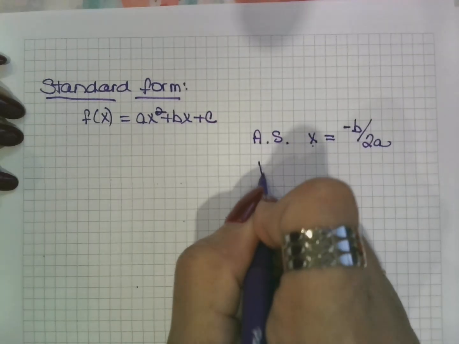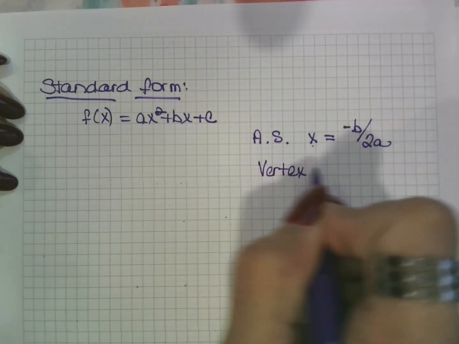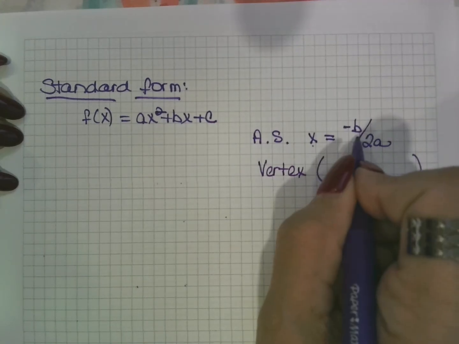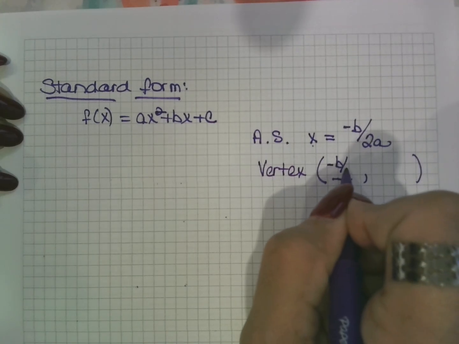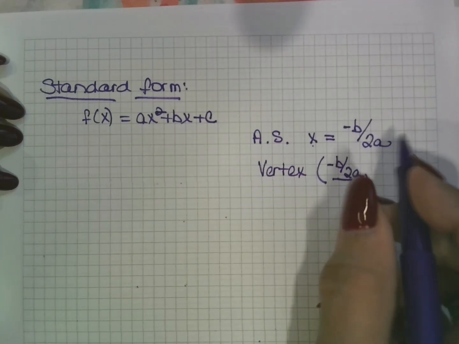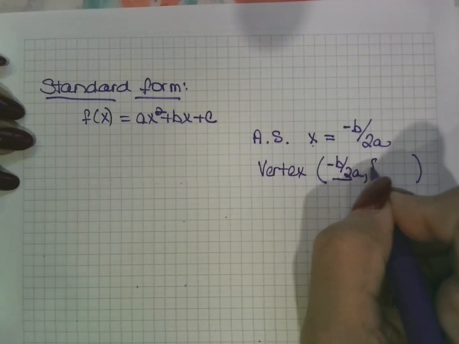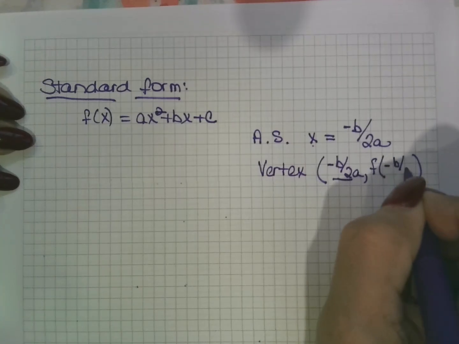All right? And then your vertex will have the x-coordinate being whatever that is, -b over 2a. And this will make more sense in a minute. And the y value of the vertex will be the function evaluated at -b over 2a.